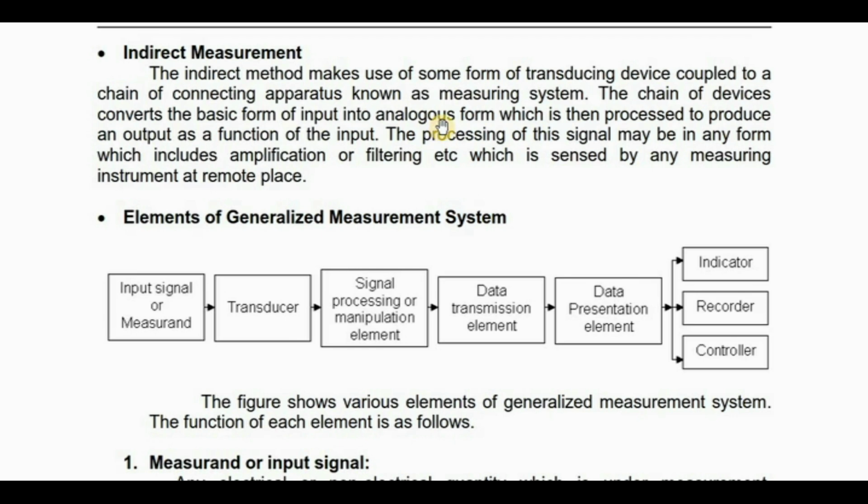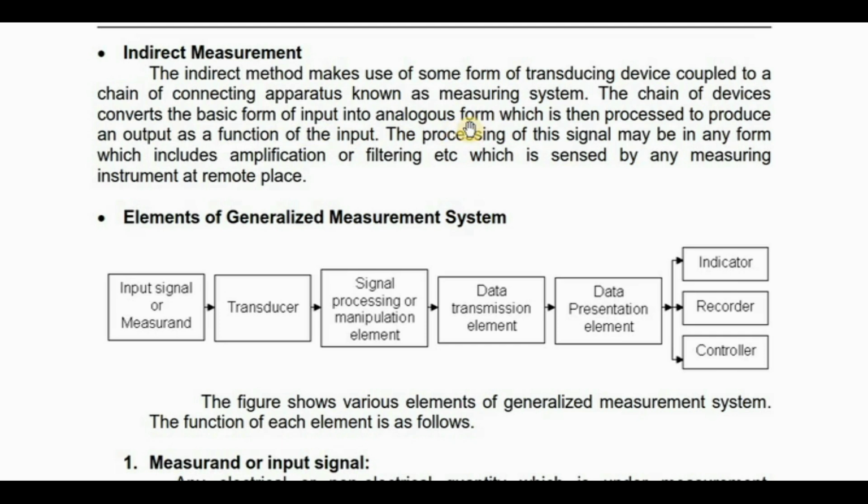Or else, suppose you want to measure the speed, that speed in revolutions per minute we will convert into its analogous form, that is in terms of EMF again. Means a transducing device will convert the basic form of input into analogous form, means temperature in degrees Celsius will get converted into electrical voltage, or speed in revolutions per minute will be converted into electrical voltage as such.